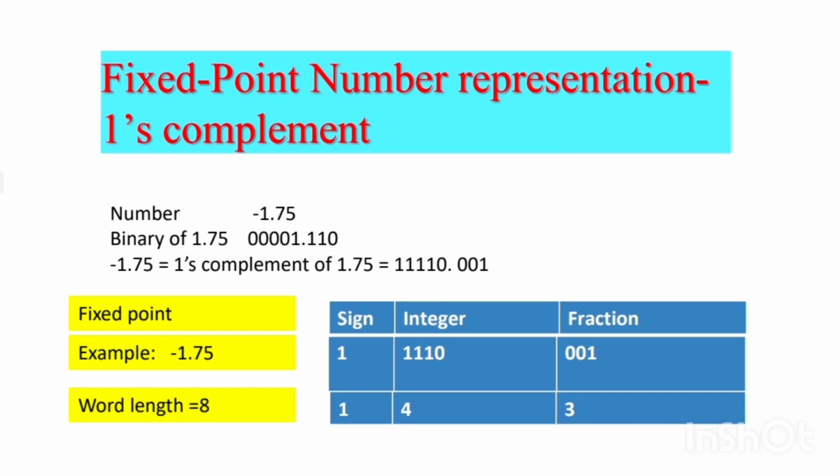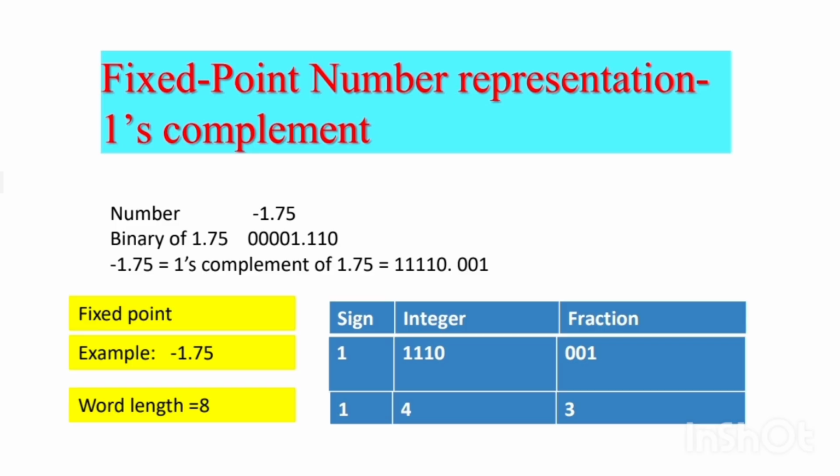Now, fixed point number representation using one's complement. Let the number be negative 1.75. In the previous example we had a word length of 32, but here, as an example, let the word length be 8.